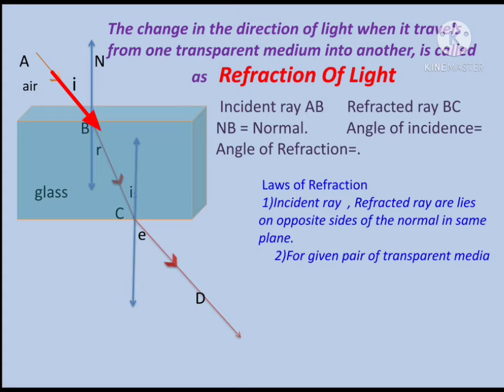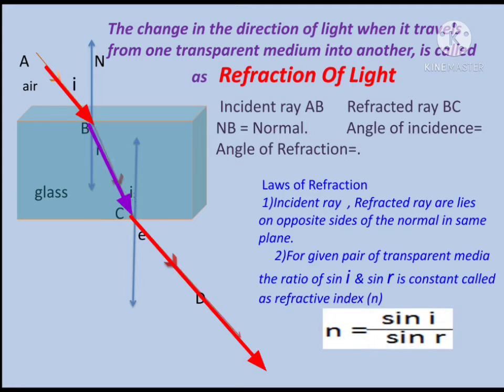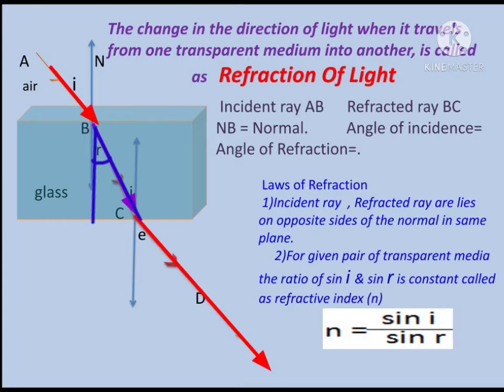Then second law: for a given pair of transparent media, the ratio of sin i and sin r is constant, called the refractive index. The formula of refractive index is n equals sin i upon sin r.